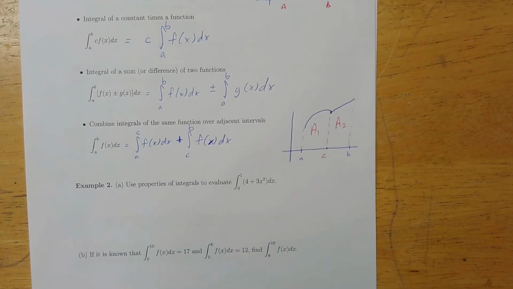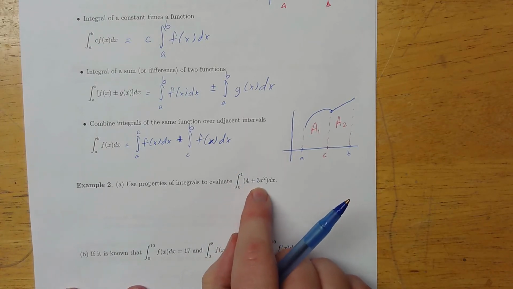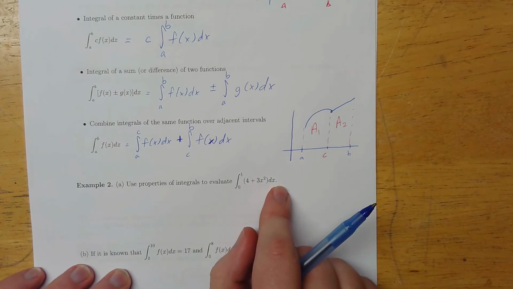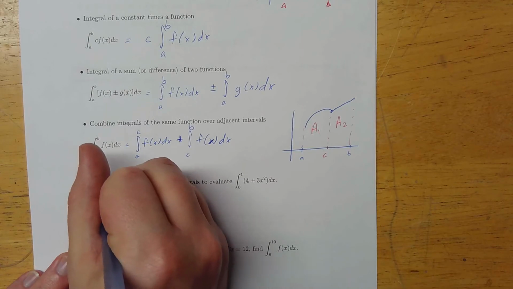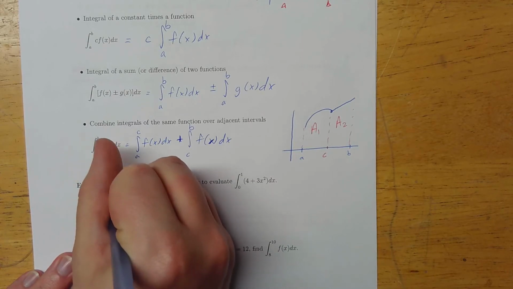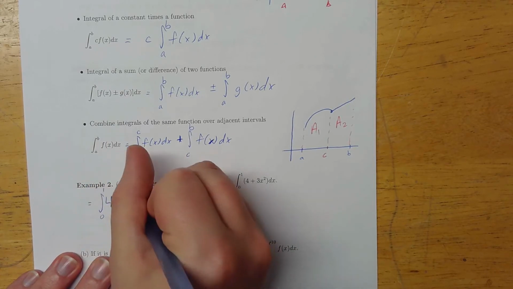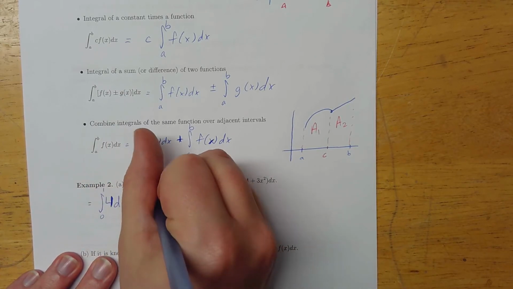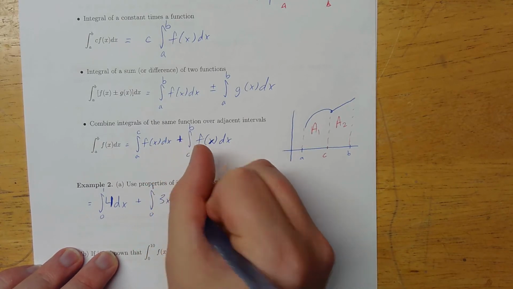Alright, so let's say we wanted to use the properties of the integral to evaluate the integral from 0 to 1 of 4 plus 3x squared dx. Using our properties, this is the same as the integral from 0 to 1 of 4 dx plus the integral from 0 to 1 of 3x squared dx.